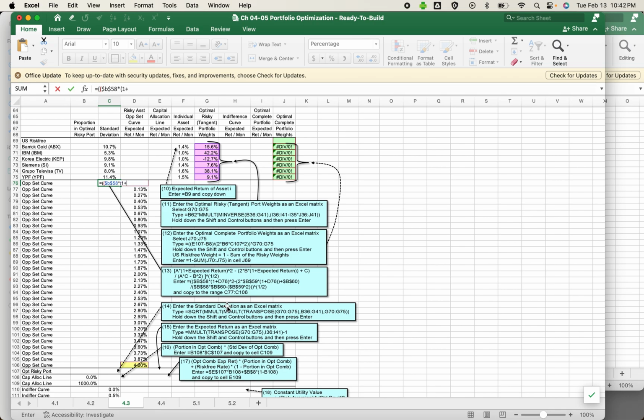times 1 plus B76 close squared minus 2 times B59, also locked, B59 times open parentheses 1 plus D76 close parentheses twice plus B60.